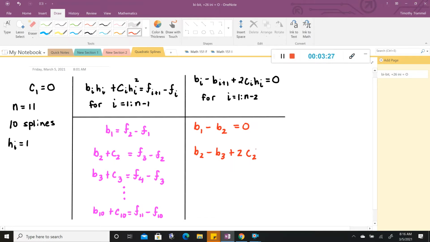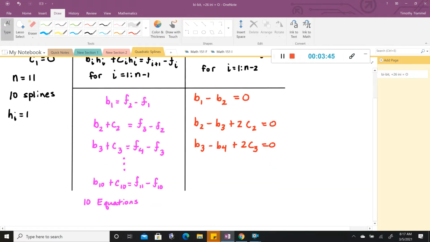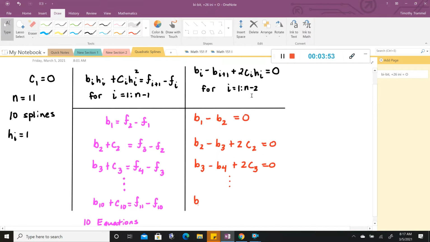And remember, H2 and H3 and H4 and H5, all those are going to be 1. This is our next equation. And if we were to go to our last one here, we'd be plugging in n minus 2, so that's going to be 9 for us.